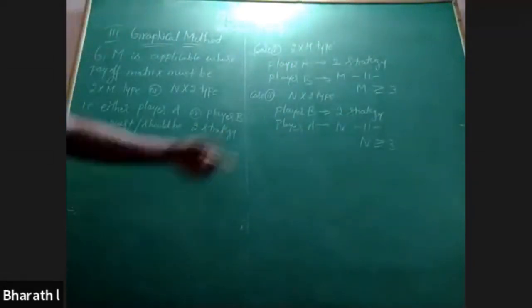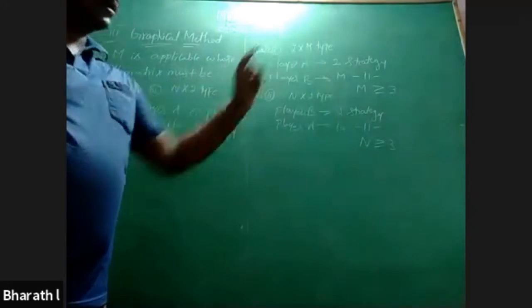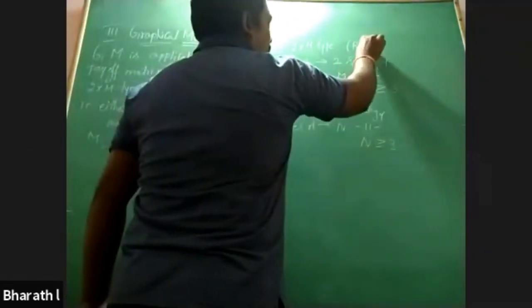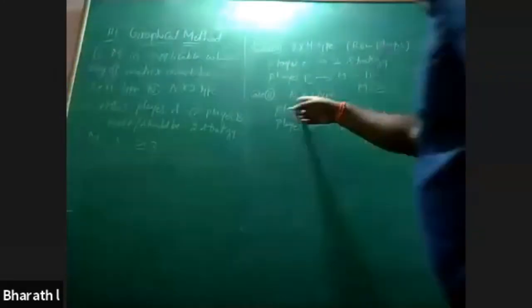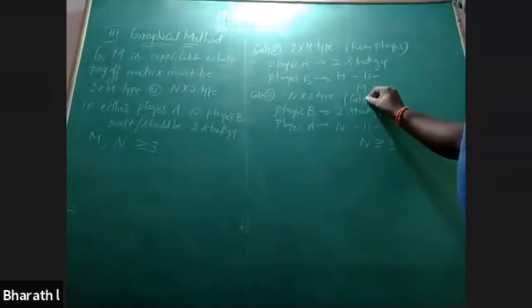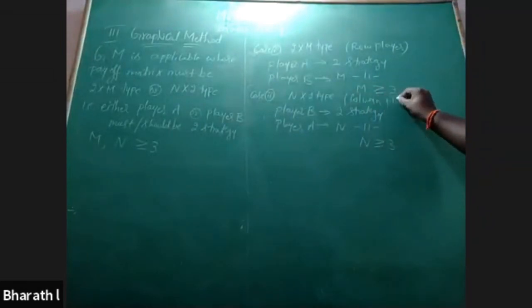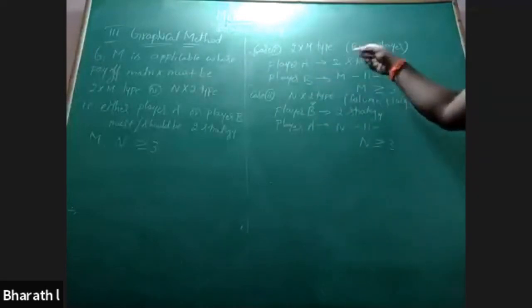The 2 cross M type, we call it a row player, whereas the N cross 2 type, we call it a column player, because he has only two strategies.